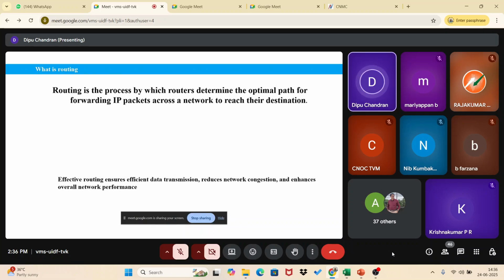That router in turn sends it to one of its interfaces, meaning one of its ports, and the data moves further up to Chennai. The function that each equipment is doing is called routing. This is a simple thing.